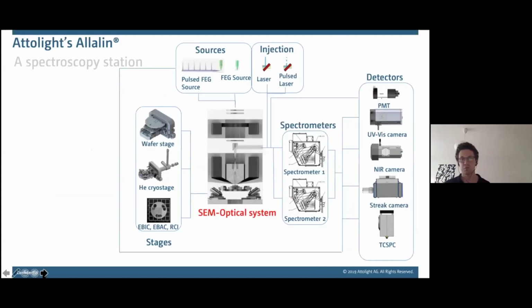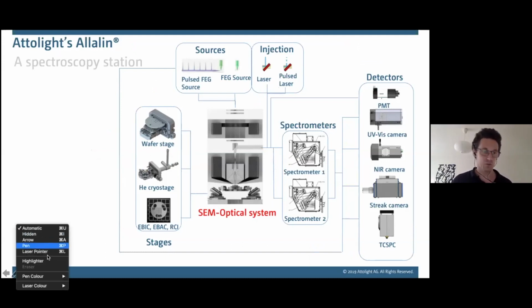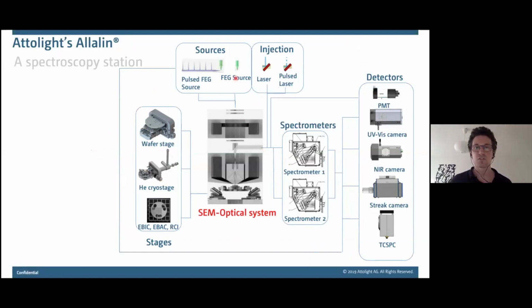This is what it looks like. If I want to make a schematic, you can see that you can have several types of sources. So let me switch to the laser pointer. You can inject a laser to do some photoluminescence spectroscopy via the optics, which is interesting because we can reach interestingly sized spot sizes.